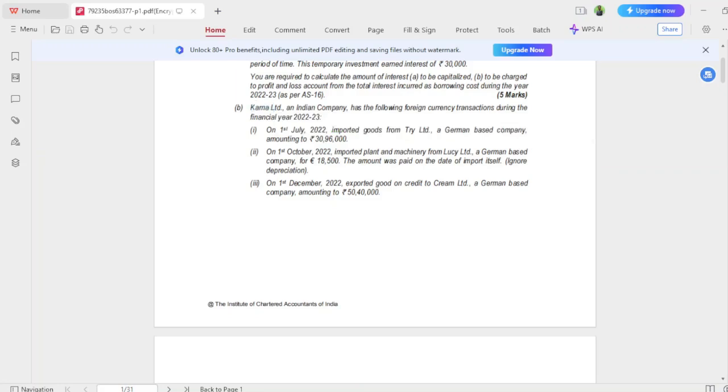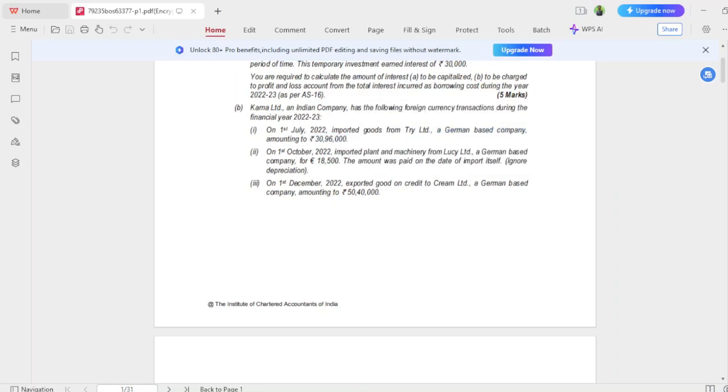Kama Limited, an Indian company, has the following foreign currency transactions during the financial year. On 1st July 2020, it imported goods from Tri Limited, a German based company, amounting to 30 lakh 96,000.